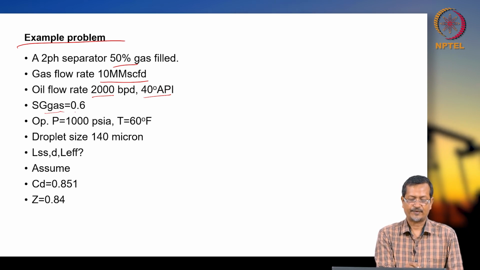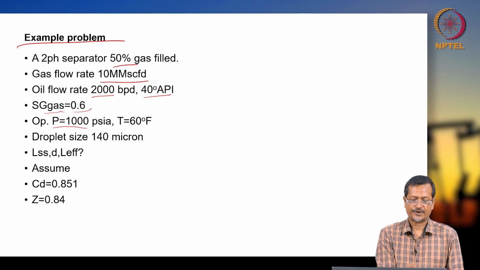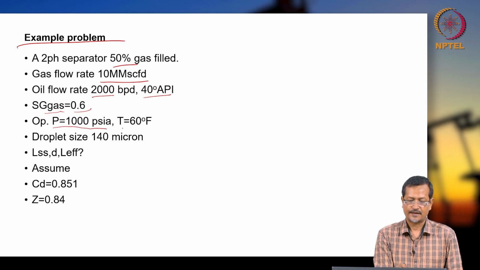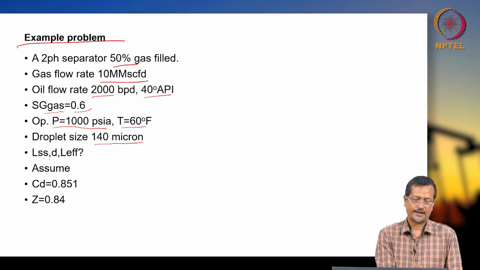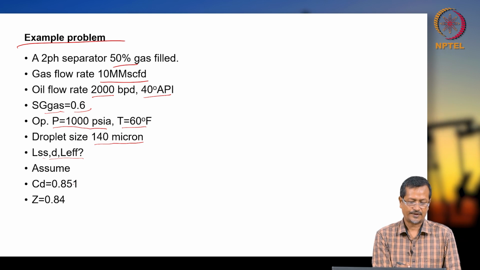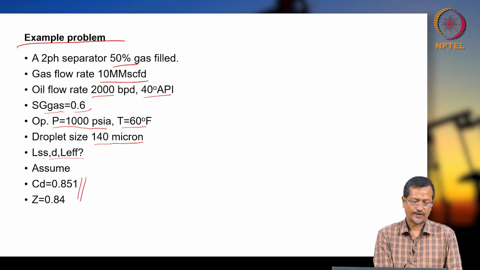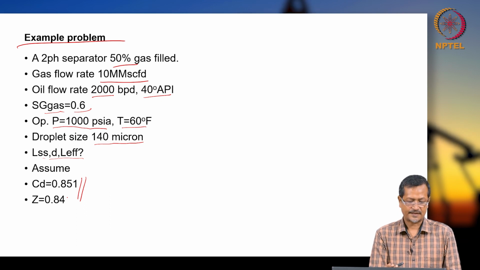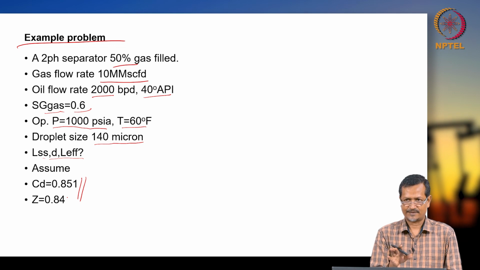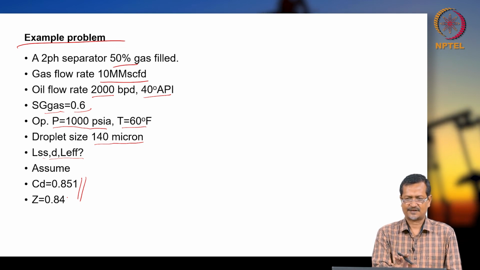Specific gravity of gas 0.6, operating pressure 1000 psi, temperature 60 degree Fahrenheit, droplet 140 micron. You have to calculate LSS, D, LEFF. CD can be iteratively calculated and the Z value can be taken from your chart, but presently for simplicity I am just asking you to fix it and calculate.